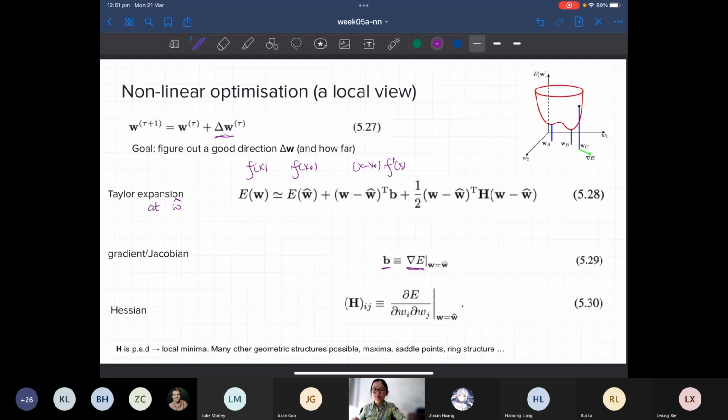Let's say our weight vector has giant dimension D; you can index the different layers, basically concatenating all our weights into a big vector. And this B is a giant vector: the partial of E with respect to the first weight, all the way to the partial of E with respect to the last weight.